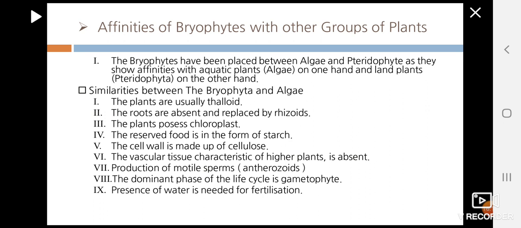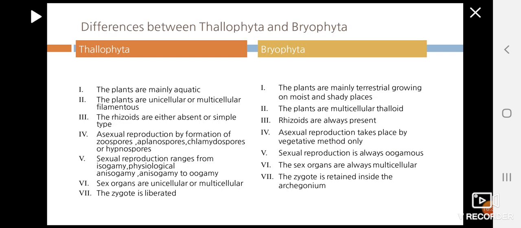The cell wall is made up of cellulose. Vascular tissue is absent. In both cases, motile sperms are produced. The dominant phase in the life cycle of both of them, that is Bryophyta and Thallophyta, is the gametophyte, and water is required for fertilization. Now we'll discuss the differences between Thallophyta and Bryophyta.